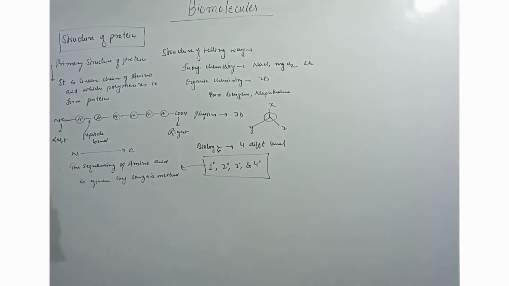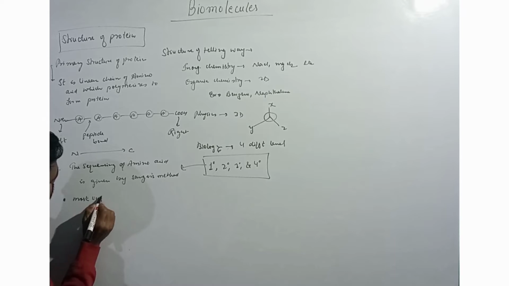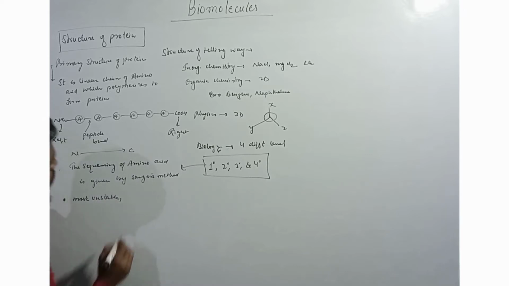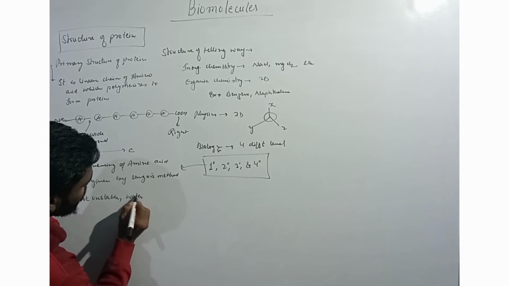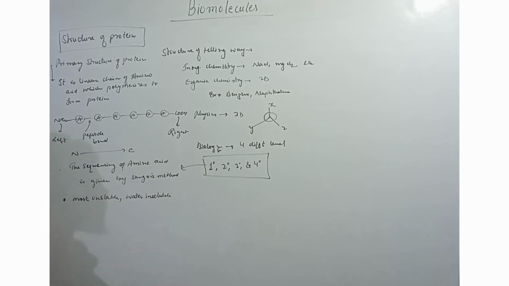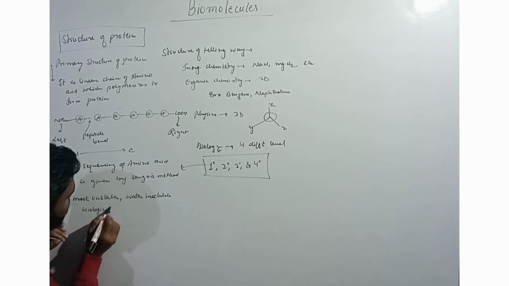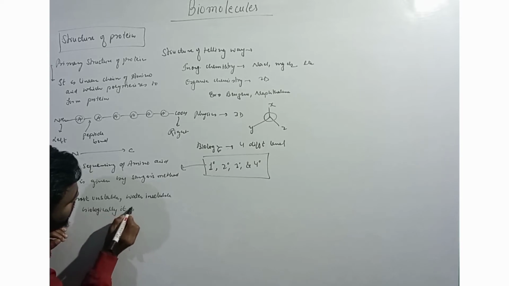So please do remember, the primary structure is the most unstable. Please do remember, primary structures are most unstable. It is also water insoluble. That's why it is biologically inactive.